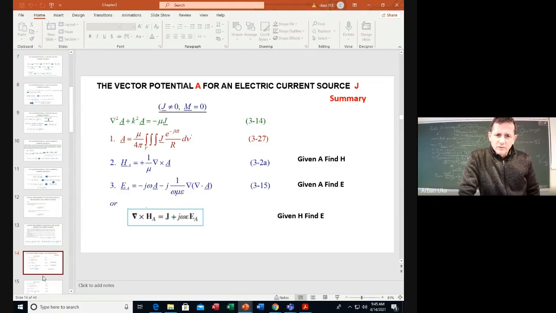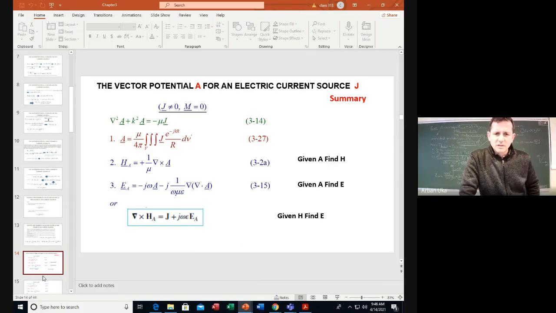And once we find A using equation 3.27, which, as we said, is previous information from electromagnetic field theory, we can find H using this other equation, because the curl of A divided by the permeability will give H. And now, given this A, we can insert it in equation 3.15, which is given here, and we can find E.